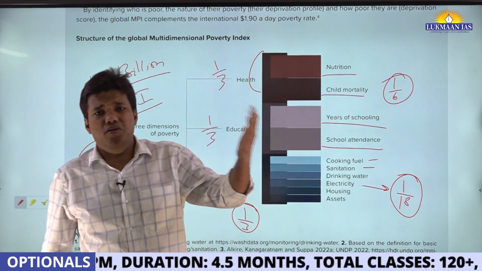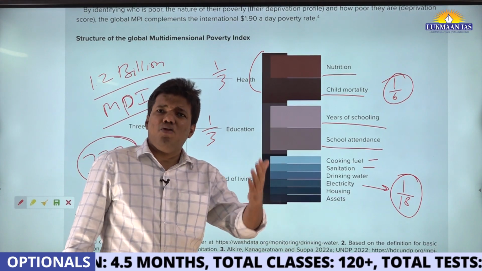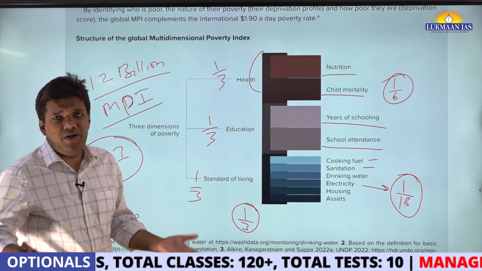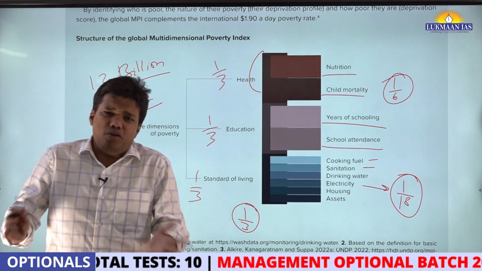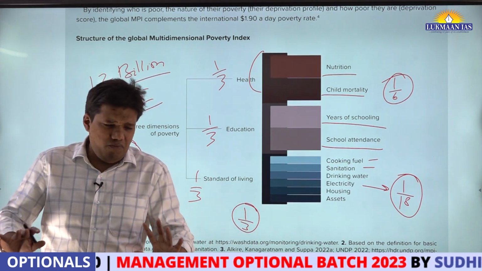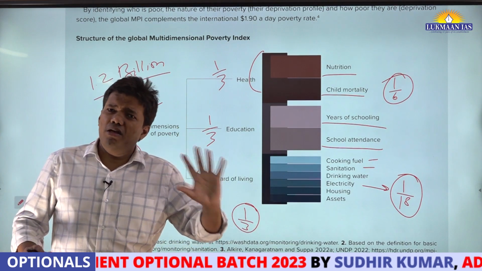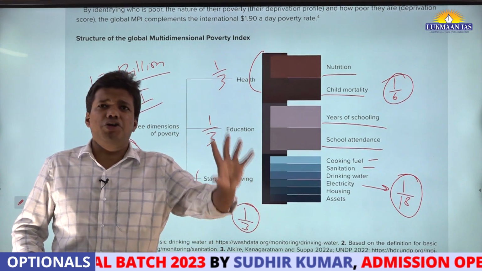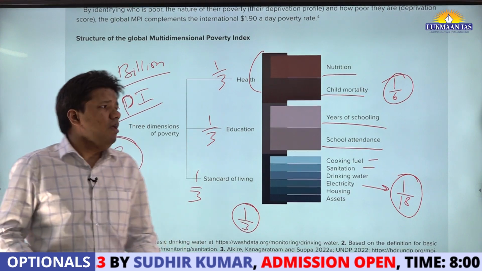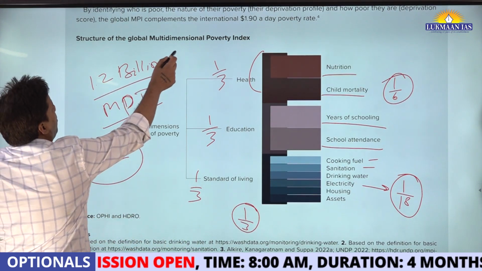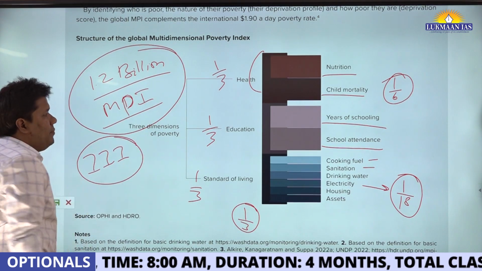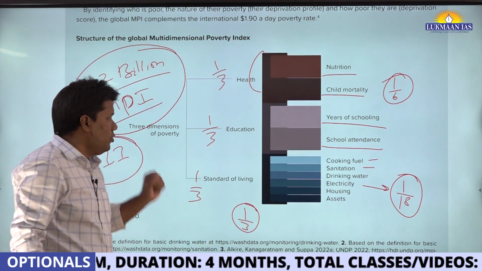The Lakdawala committee, then the Tendulkar committee, Rangarajan committee came. They were also focused not only on income, but they also included nutrition, health, standard of living. So MPI captures poverty holistically.